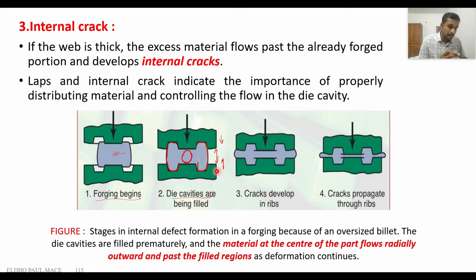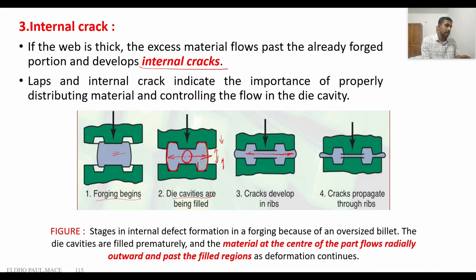So then further in the third stage, what happened? The material in the center region starts to flow through these already filled regions. Material in the center region flows outward. This outward flow from the web region through the already filled cavity region creates some internal cracks.